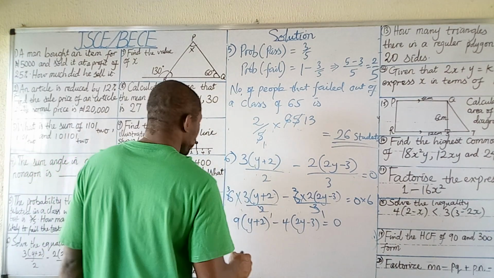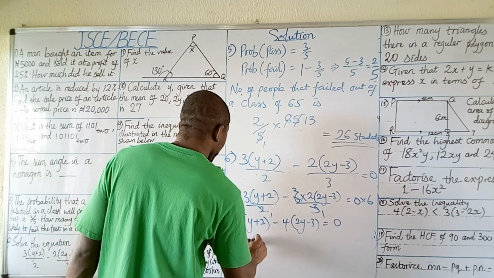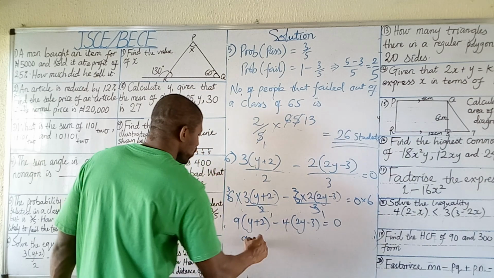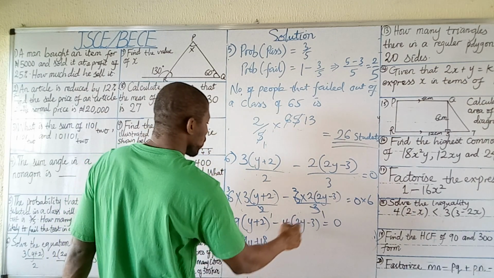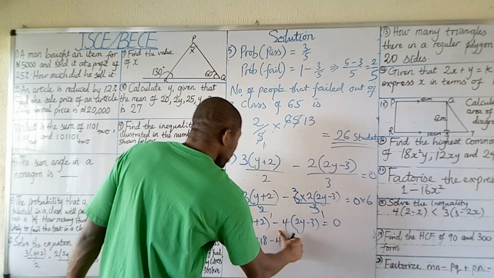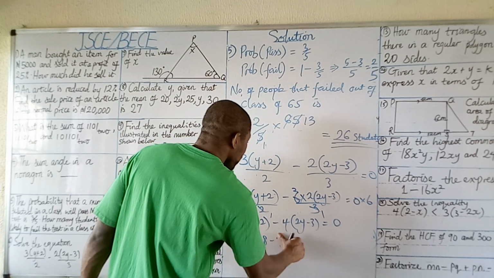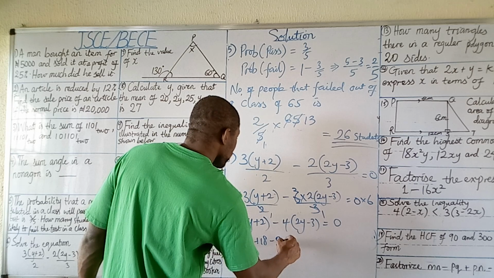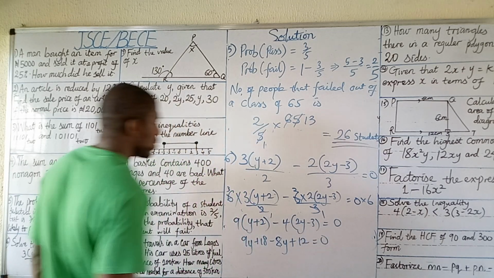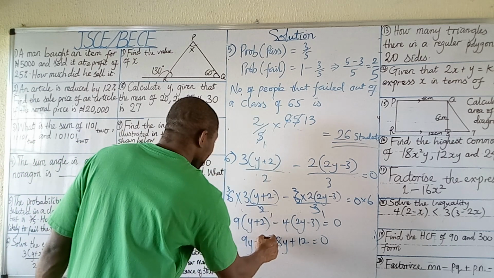Okay, let's open further. 9 times y gives 9y. 9 times 2 gives plus 18. Minus 4 times 2y gives minus 8y. Minus 4 times minus 3 gives us plus 12. All equated to 0. We collect like terms.